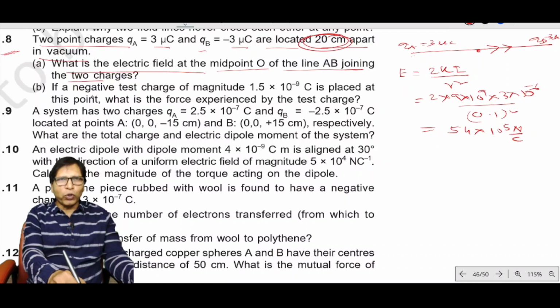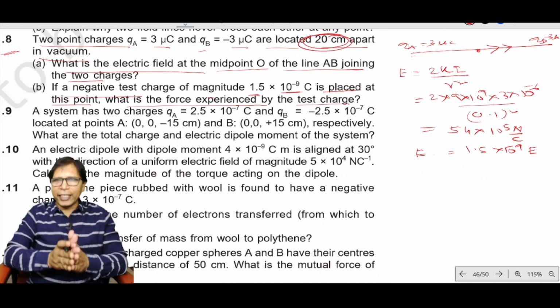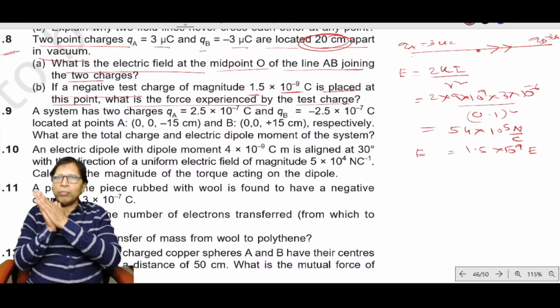Okay, now question number B. If a negative test charge of magnitude 1.5 into 10 to the power minus 9 coulomb is placed at this point, what is the force experienced by the test charge? Force experienced by the test charge is 1.5 into 10 to the power minus 9 into E, and it is directed in the direction of the field.